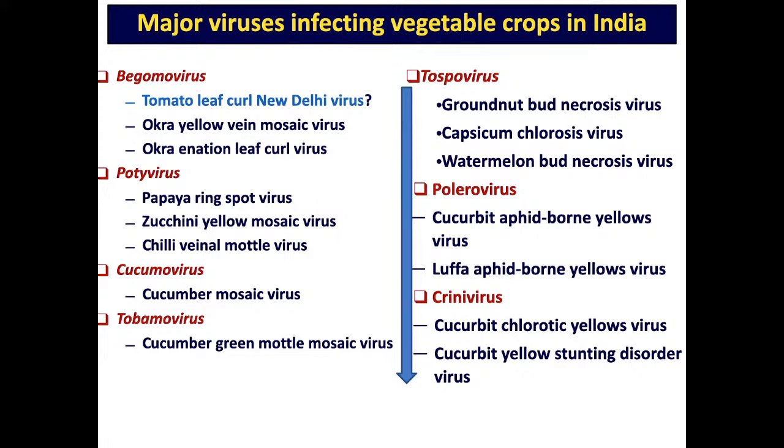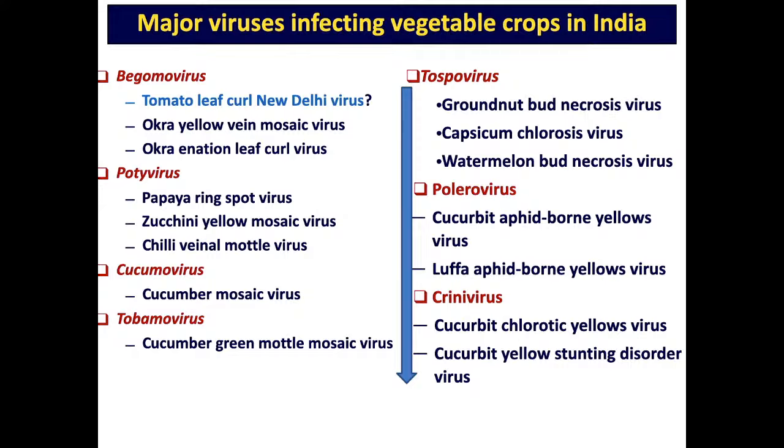I have just mentioned a few of the viruses. Even with the Begomo, not only tomato leaf curl New Delhi virus, which is one of the predominant viruses in Tamil Nadu and also in India, but there are several variants from different regions within India that we will be looking at.